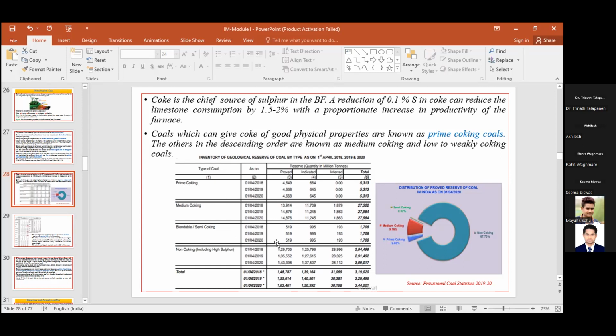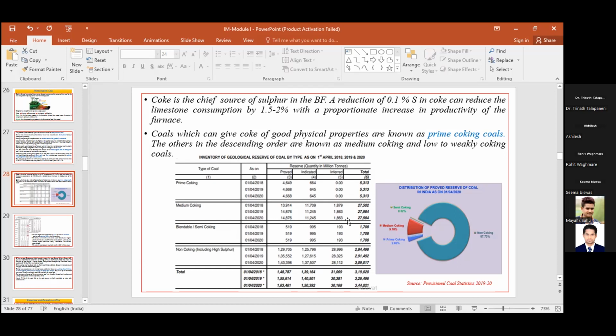You can also see a table which shows the reserves which we have till the year 2020. Prime coking coals, we have 5,313 million tons.